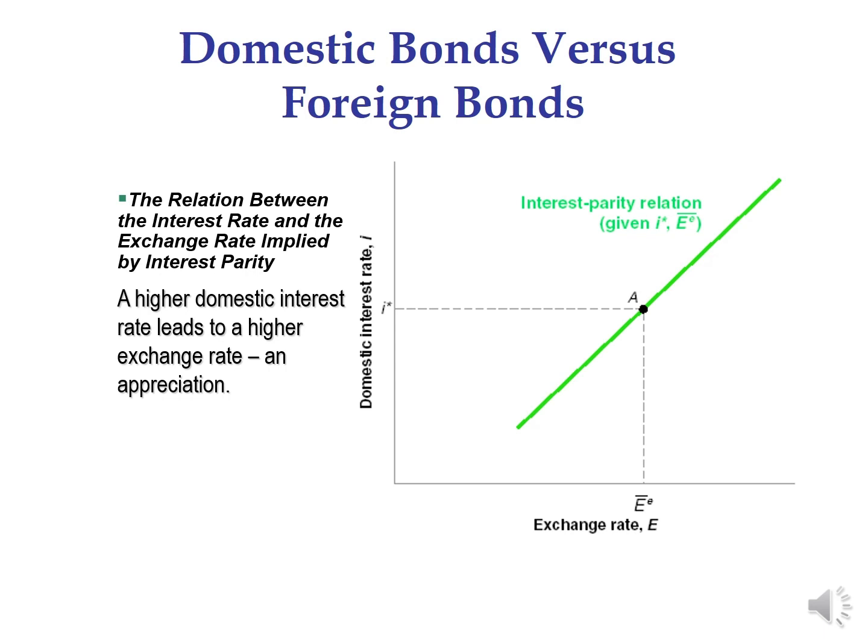The interest parity relation is given at point A, where the interest rate and the exchange rate intersect at equilibrium. So a higher domestic interest rate leads to a higher exchange rate. It means there is a positive relation, or we can say an appreciation.